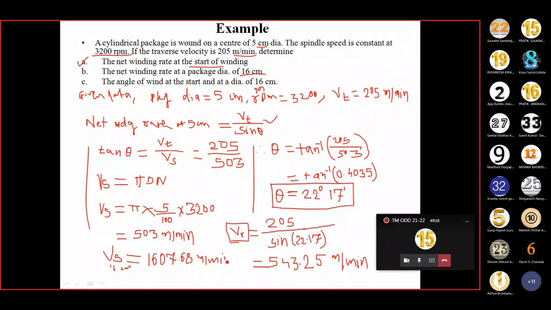Okay, so Vs is 1607.68 meters per minute. Then what is the theta?